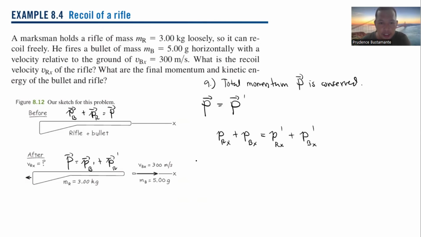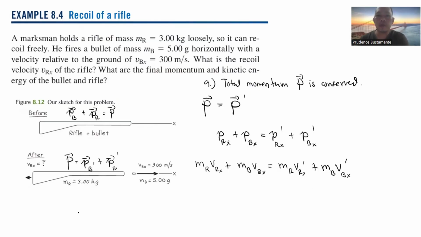Okay, this is equal to m of the rifle mass times the velocity of the rifle along x initial, plus m of the bullet times the velocity of the bullet initial, is equal to m of the rifle times the velocity of the rifle final, plus the mass of the bullet times the velocity of the bullet x final.